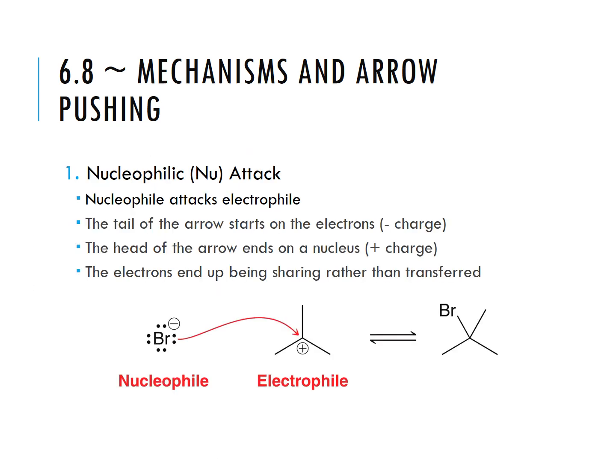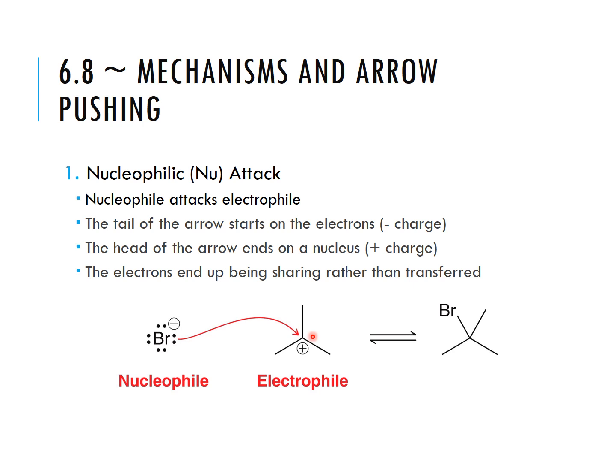So our first one is called a nucleophilic attack. And within a nucleophilic attack, we're going to have a nucleophile and an electrophile, and our curved arrow will start at our nucleophile and end at our electrophile. Now, normally, this is going to be one arrow showing that bond forming.